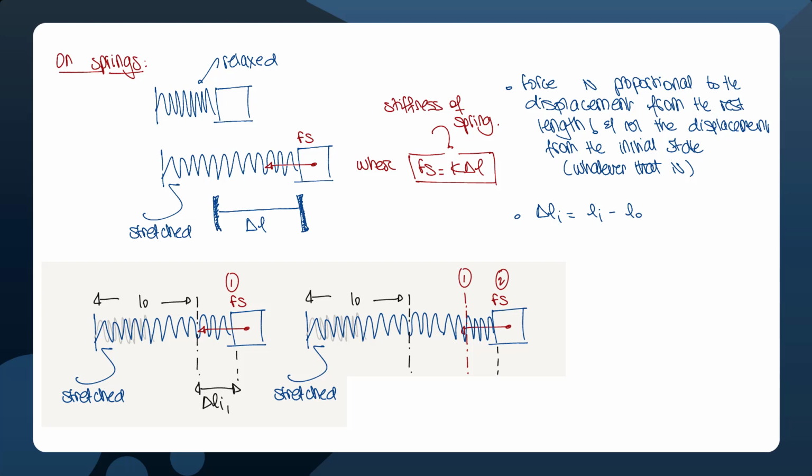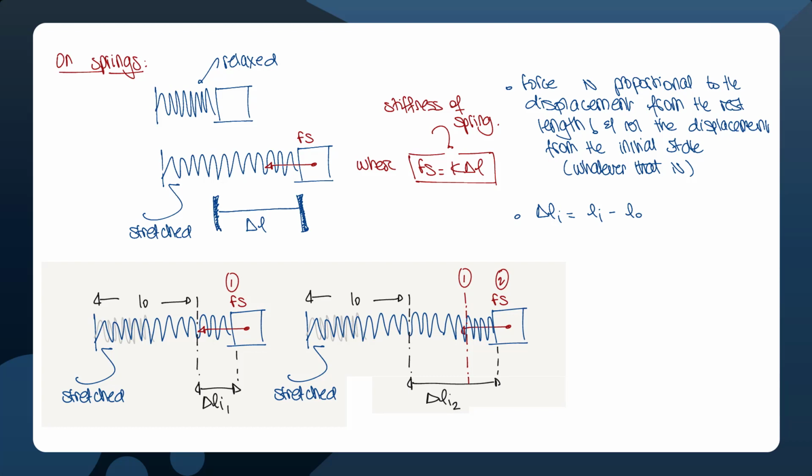Most students at first would simply say that delta L2 is equal to the difference between the length at state 2 and the length at state 1. But that's wrong, because we've said that delta L2, or any delta Li, is equal to the length at state 2 minus the rest length, which is L0. So the actual delta L2 would be the distance between the L0 reference and state 2. We do not care whatsoever about state 1.